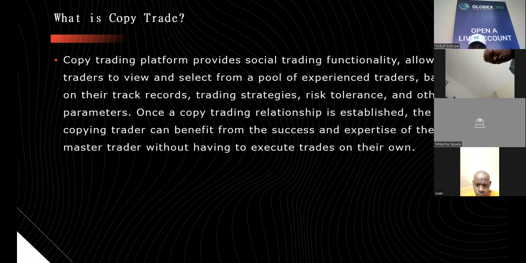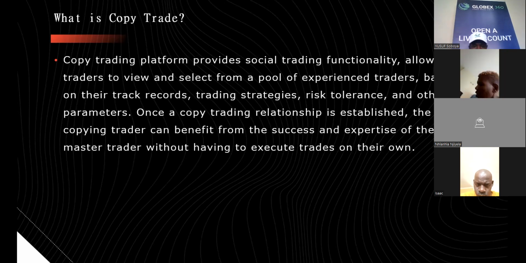For example, if Yusuf is the best trader out right now, you'll be able to see his winning statistics and his losing statistics. And you can see even risk tolerance. Is Yusuf risk averse? Is he risk aggressive? If that's what you're into, you're able to see all of these nice parameters available for you.